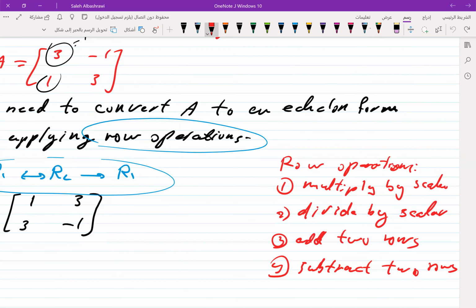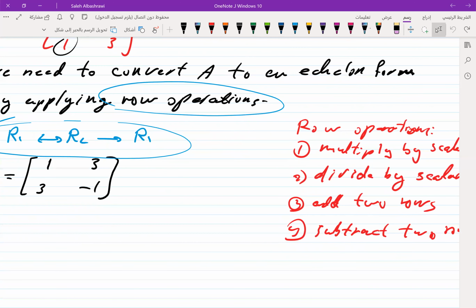These are the row operations. Multiply by constant, or divide by constant, or add or subtract 2 rows. Or we can also swap.